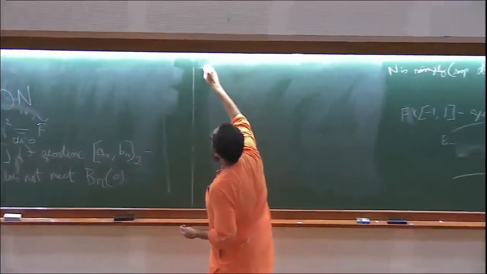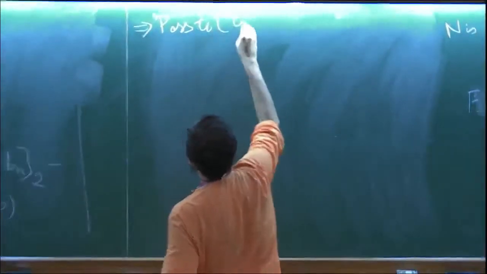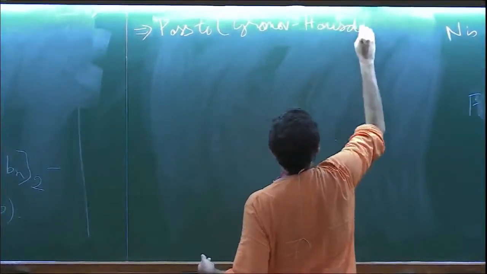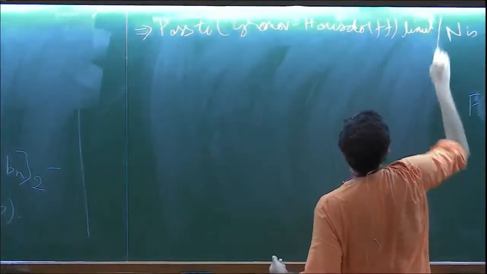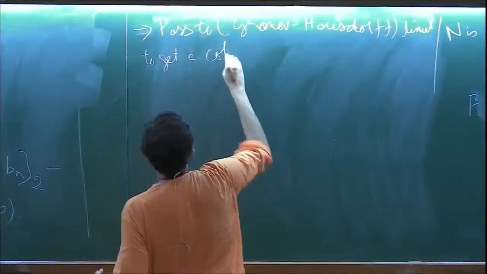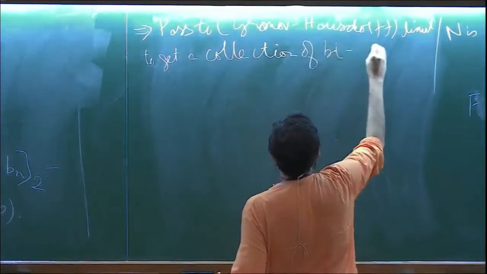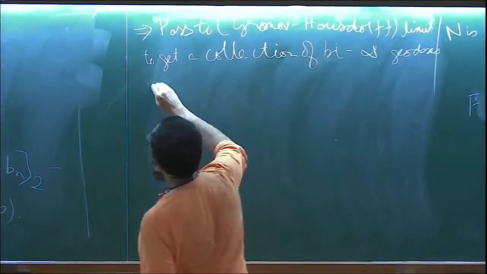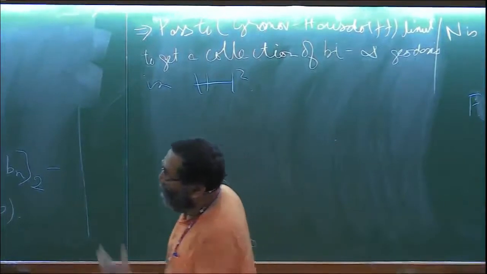So this implies we pass to a Gromov-Hausdorff limit to get a collection of bi-infinite geodesics in H2. What are you doing?